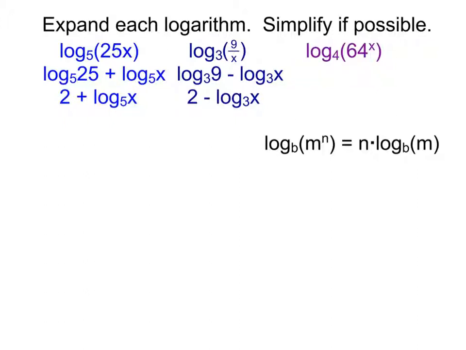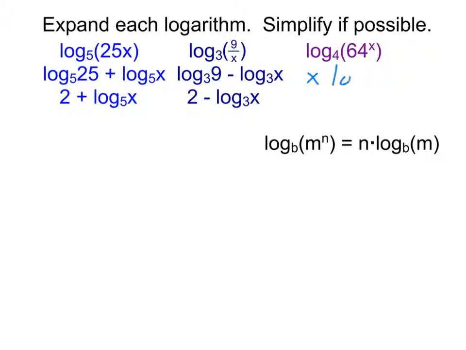All right, so now, knowing that, I'm going to go ahead and use that. Notice that the exponent on the inside actually becomes the first thing I write, because I'm multiplying the logarithm by whatever the exponent is. So that's going to be the x. So I pull the x out, and then notice what's left here, the log base b of m. That's everything exactly as it was except for the exponent.